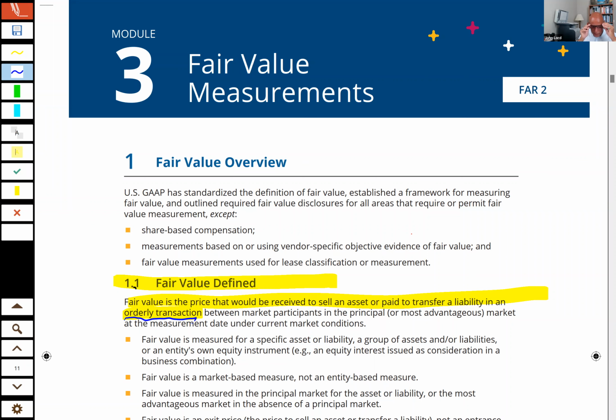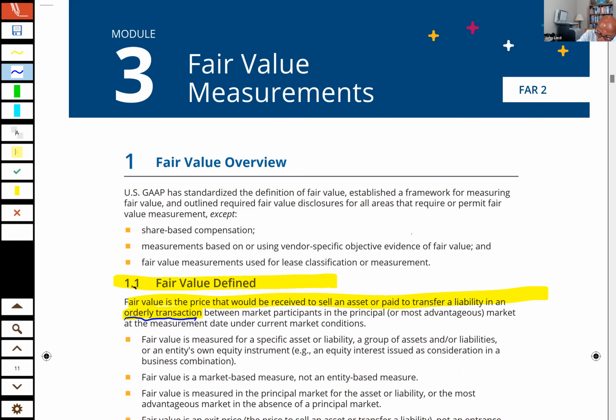The best example I could give that may be more recent was the housing market crisis back in 2008, and people were just walking away from their homes, right? Because they were saying, hey, I'm underwater and I don't want to do this anymore. Well, that's not an orderly transaction. That's walking away, right? Whereas if you have time to continue to hold that asset, market it properly, et cetera, the way we might be in a current housing market, that would be more of an orderly transaction.